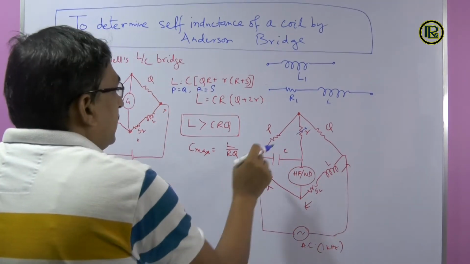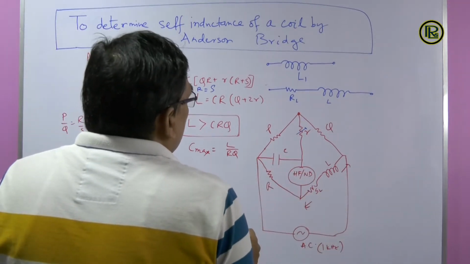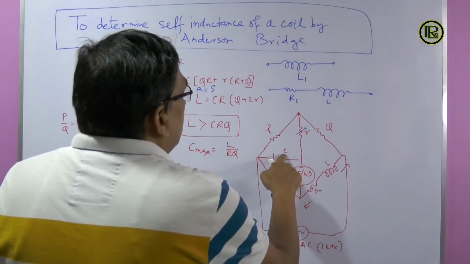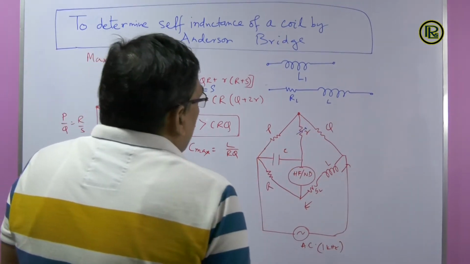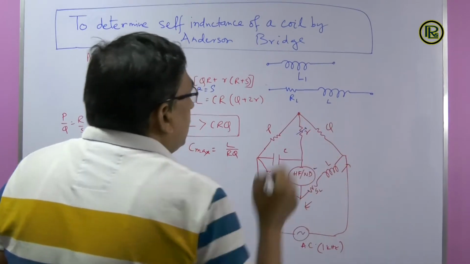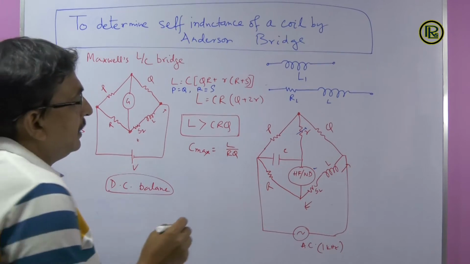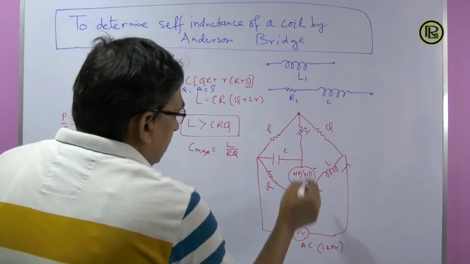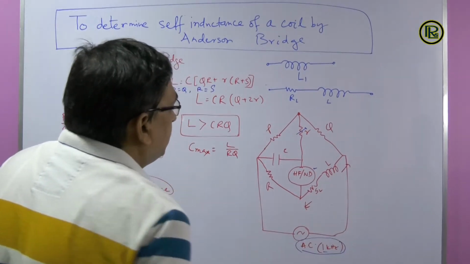We can set the capacitor at different values, but for this experiment we keep C constant at a certain value and then vary r. Then we have this null detector or headphone, and this entire bridge is driven by an AC source having frequency 1 kHz.